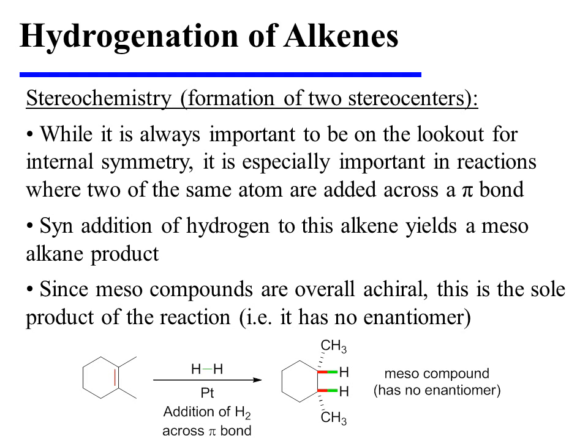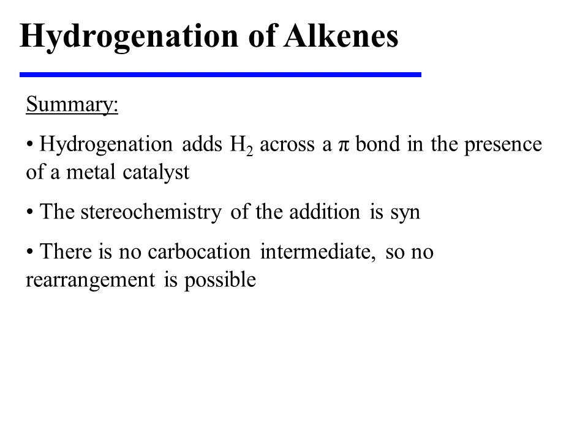Syn addition of hydrogen to this alkene yields a meso-alkane product. And remember, that is a compound that has an internal plane of symmetry. As a result of that internal plane of symmetry, meso compounds are overall achiral. And so this is the sole product of the reaction. In other words, it has no enantiomer.